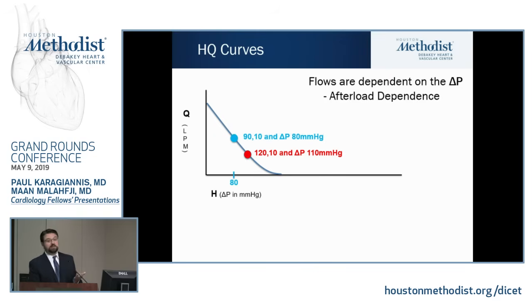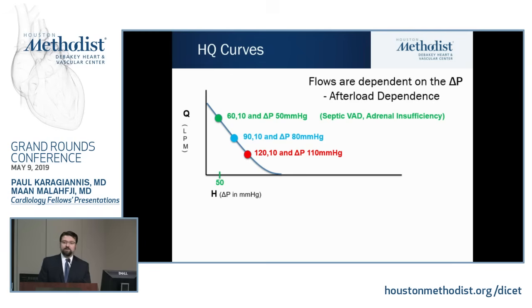You can imagine taking this patient, putting him on Nipride, and dropping the afterload, dropping the MAP to 120, narrowing or decreasing the delta pressure, the pressure differential, and having an improvement in flow. Basically dropping the afterload and riding the HQ curve up to a more normal flow.